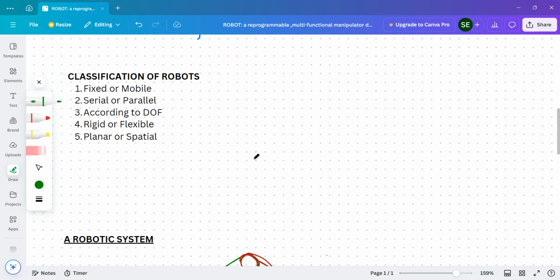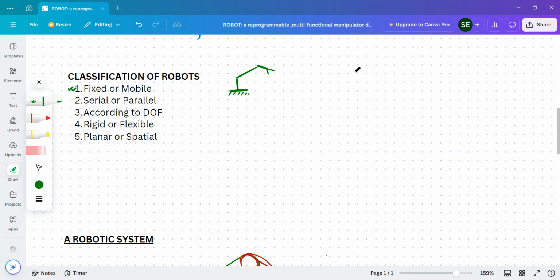Let's get into the next part. Now we will learn about the classification of robots. First, fixed and mobile robots, which I have already told you about. A fixed robot is fixed, and a mobile robot is movable.